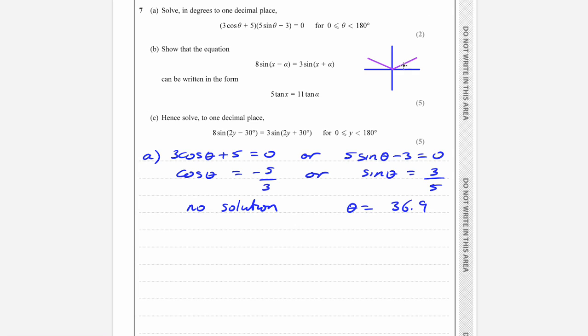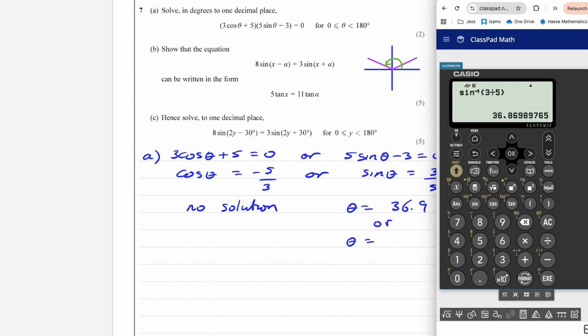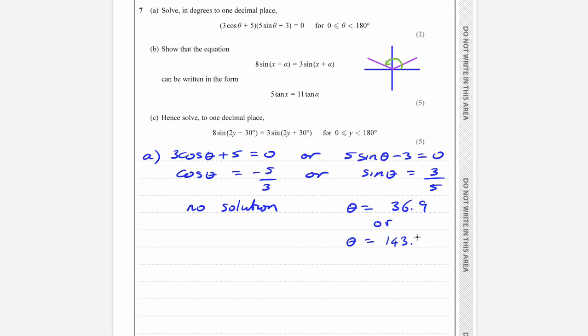So theta equals 180 minus 36.9, and I get 143.1. Okay, that's part A.